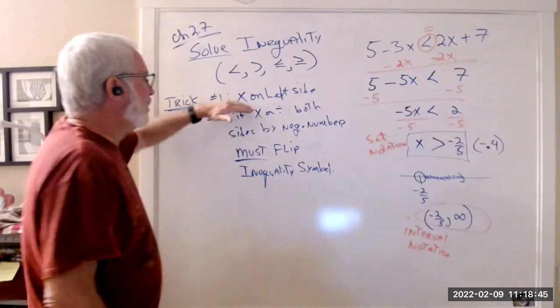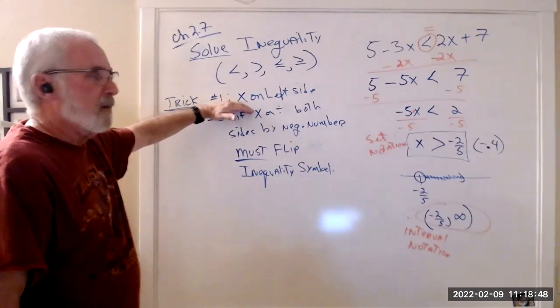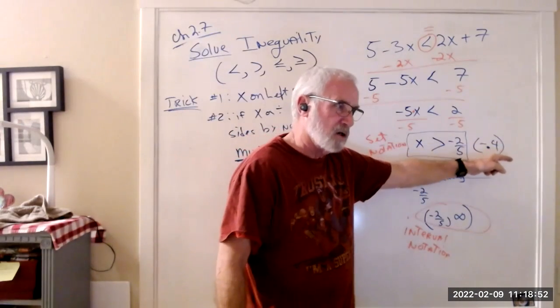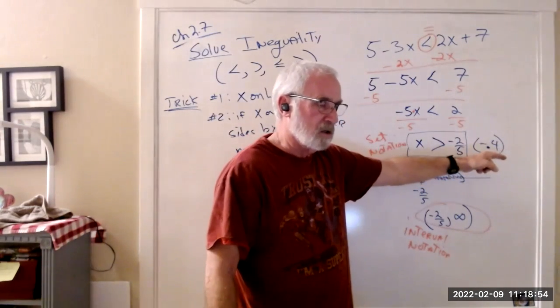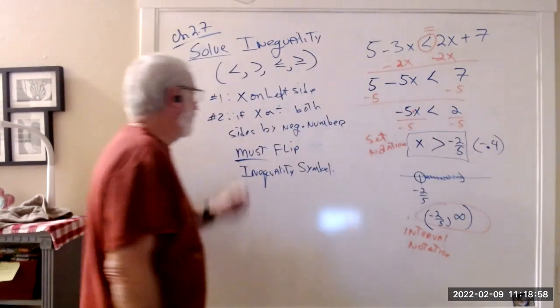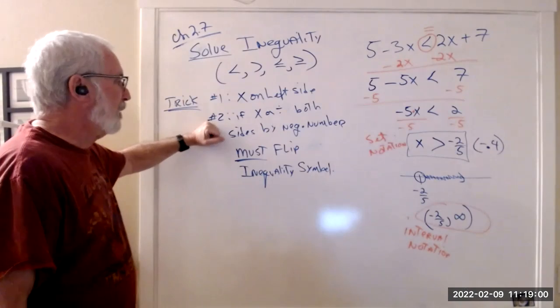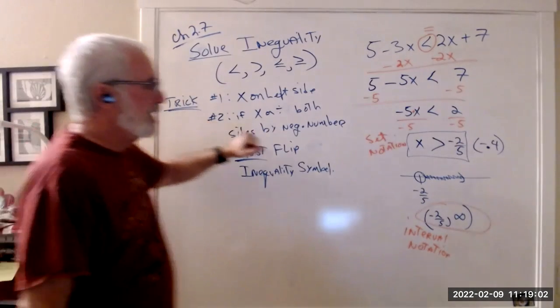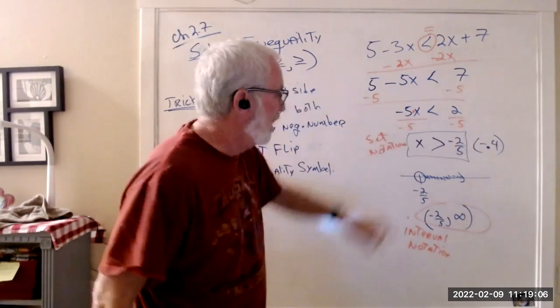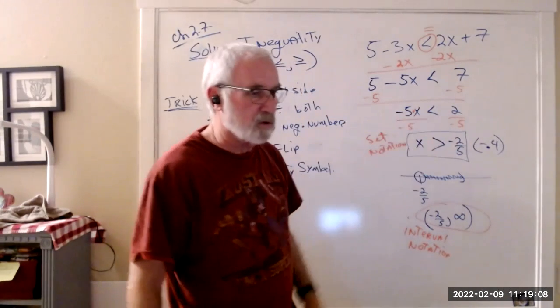It's better if you put x on the left because then your symbol points in the direction you shade. Always. It's just safer that way. But the big rule is if you multiply or divide both sides by a negative number, which I did here, divide by negative 5, you had to flip the symbol over.